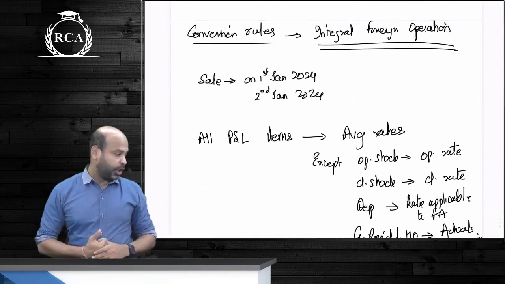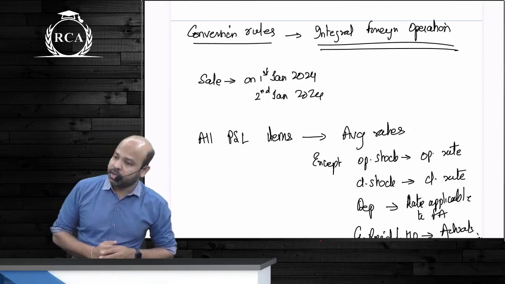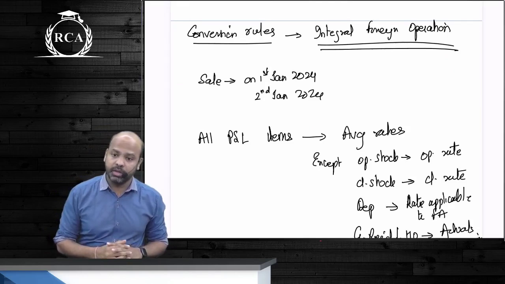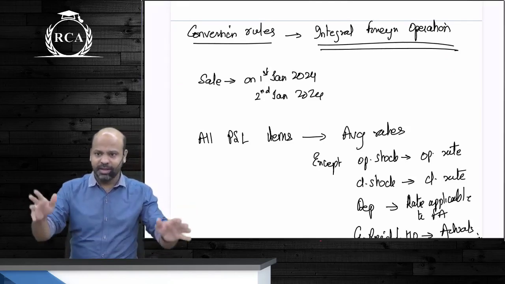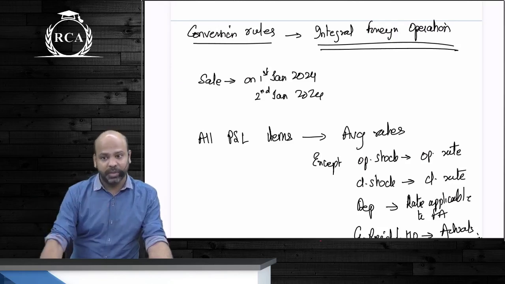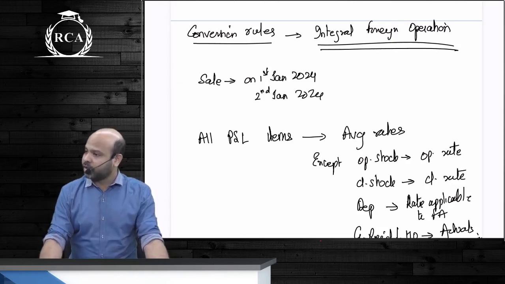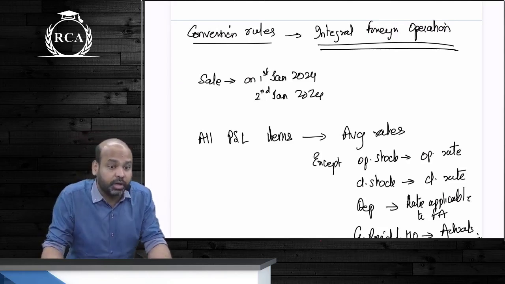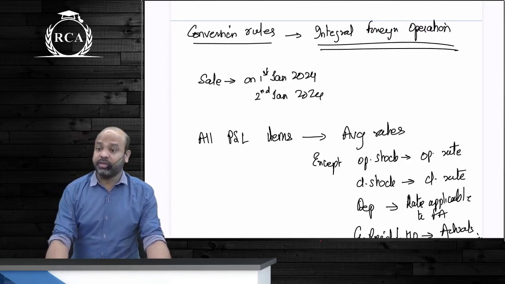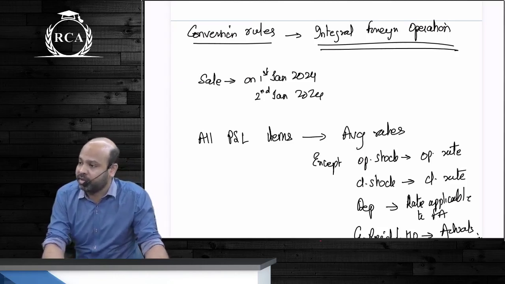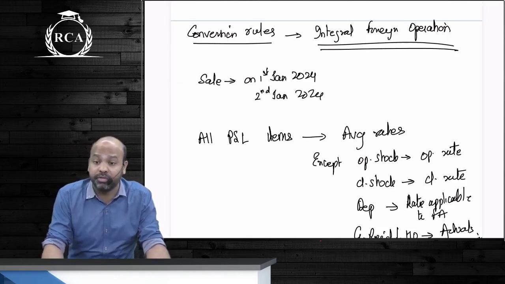I already told you what is an integral foreign operation and what is a non-integral foreign operation. The accounting for an integral foreign operation, guys, is exactly the same as foreign currency transactions. It is not the same as dependent branches. Every transaction undertaken by branch Beta should be recorded by head office at the exchange rate prevailing on the date of transaction.